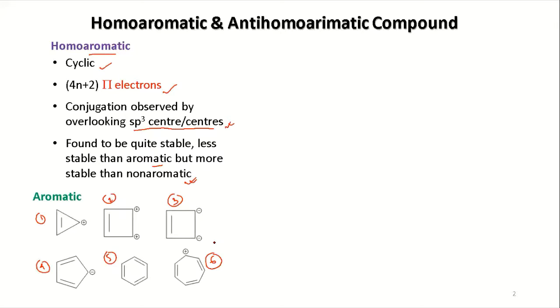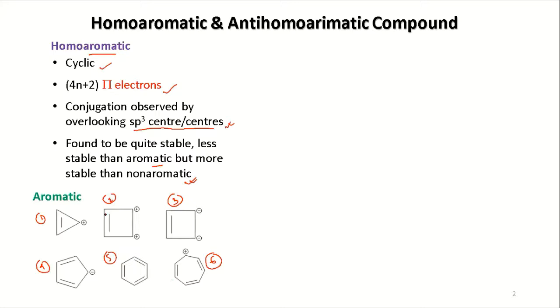These are the smaller cycle compounds or reactive species, which are termed aromatic, right? Cyclopropenyl carbocation, cyclobutenyl dication, cyclobutenyl dianion, cyclopentadienyl carbanion, benzene, and cycloheptatrienyl carbocation. These compounds belong to the aromatic category.